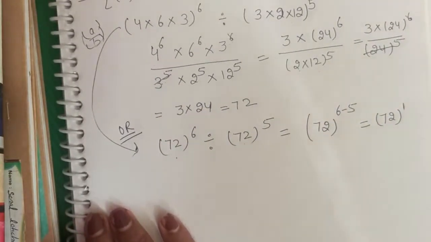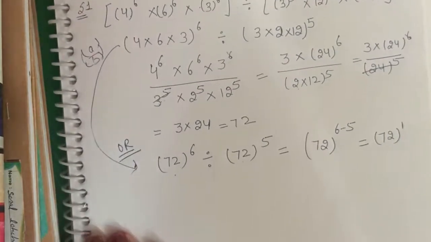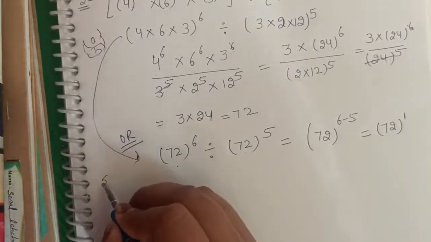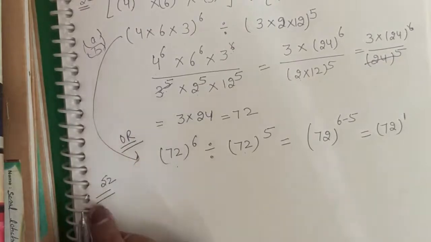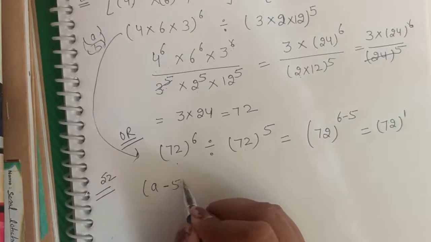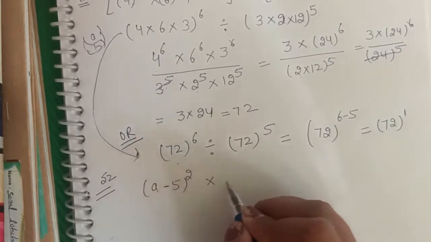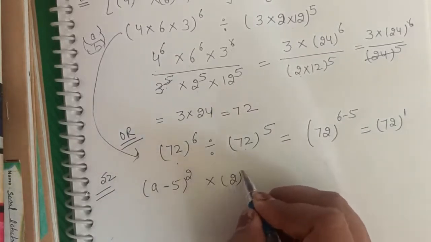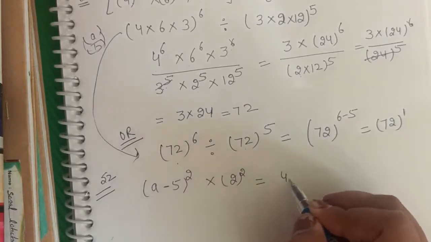Now come to the next one, that is S2. Find the value of a in this expression, that is a minus 5 to the power 2 multiply with 2 to the power 2 equals 4 to the power 2.